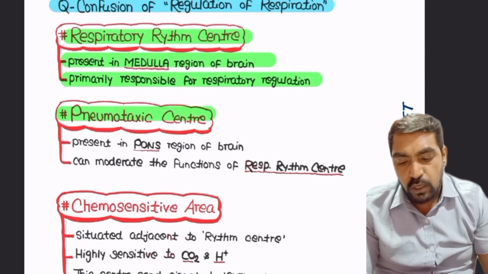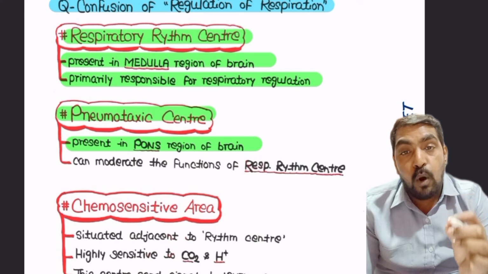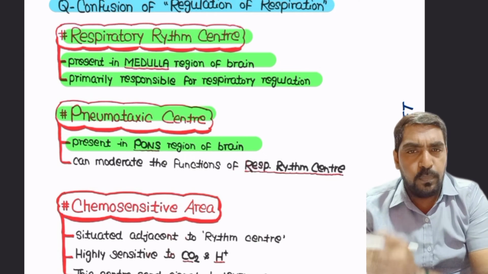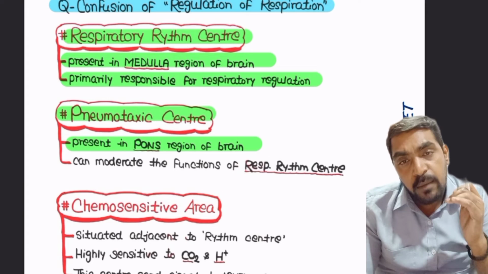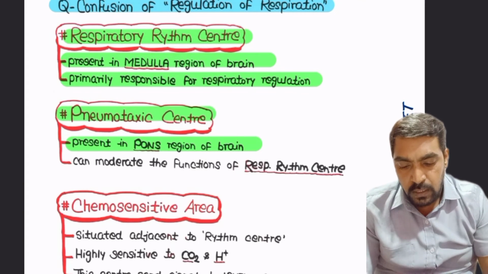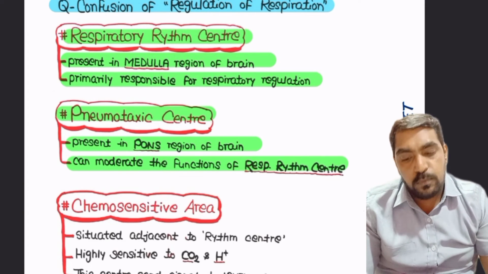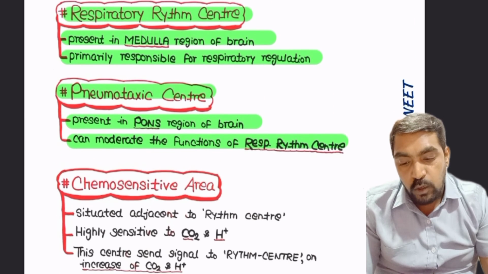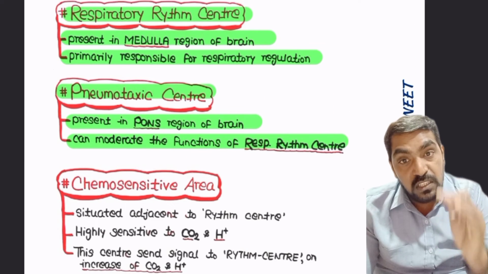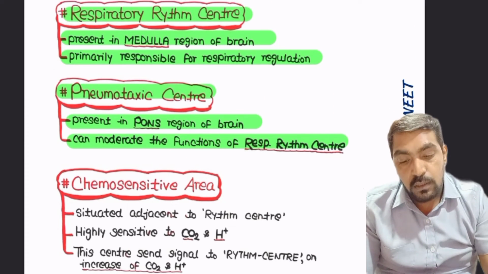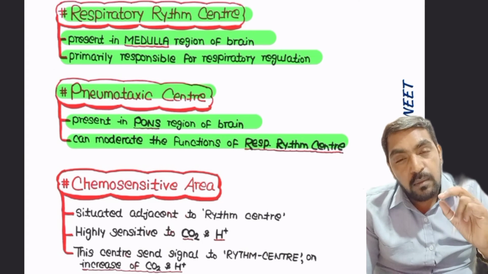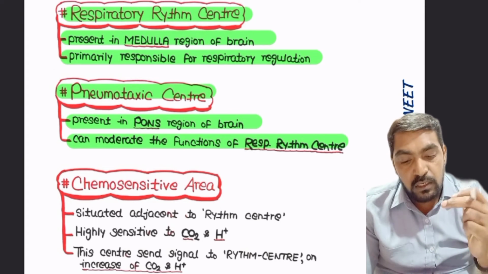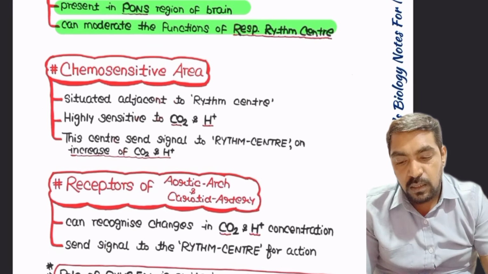The pneumotaxic center is present in the pons varolii region of the brain. Remember, P for pneumotaxic and P for pons, so both start with P. They can moderate the function of the respiratory rhythm center. So medulla oblongata is responsible for respiratory regulation, while pons varolii can moderate or slightly fluctuate the respiratory rhythm center.